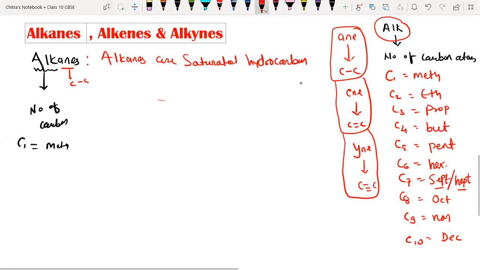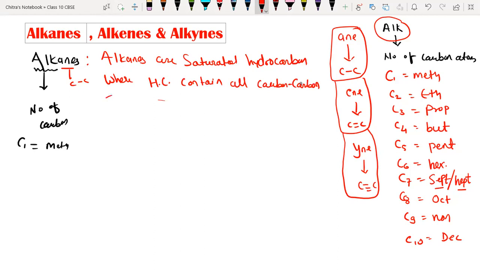where all, or we can say where hydrocarbon contains all carbon single bonds, are called alkanes.